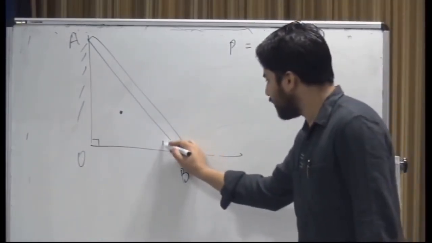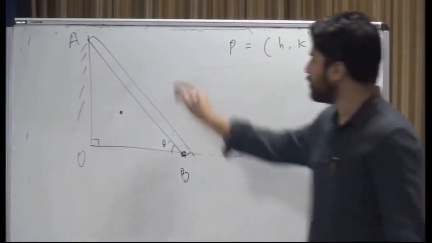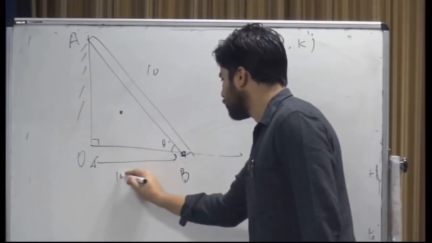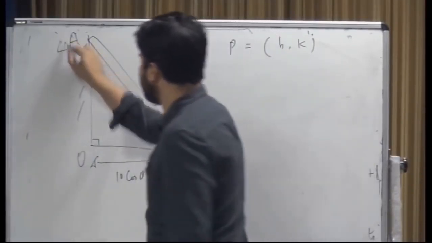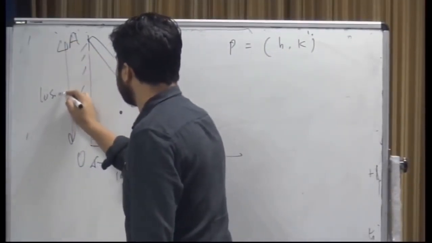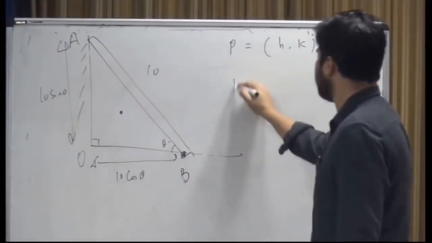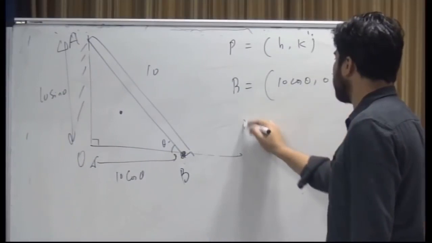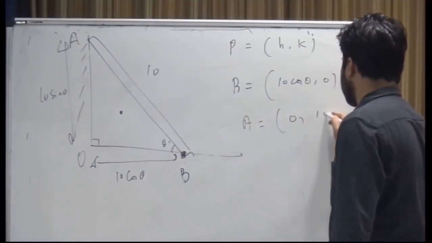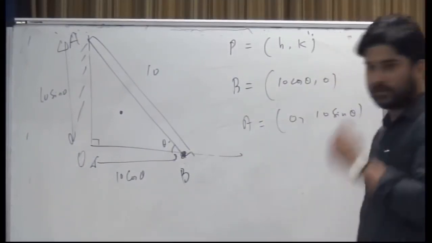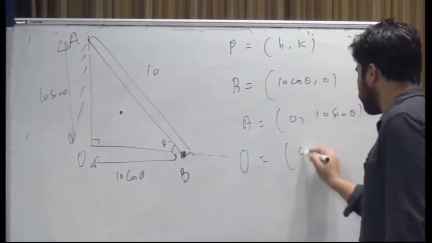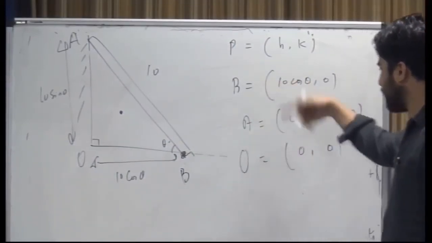I introduced this angle, what is the length? So what will be this length? And what will be this length? So what will be the coordinate of B? 10 cos theta comma, and what will be the coordinate of A? 10 sin theta, right? And what is O? What will be the centroid of these?